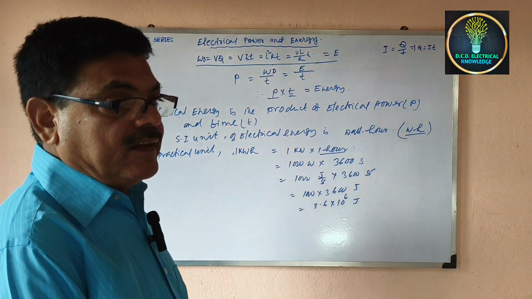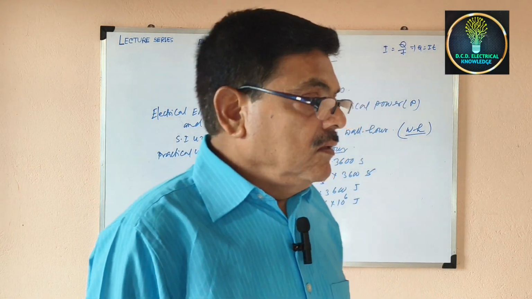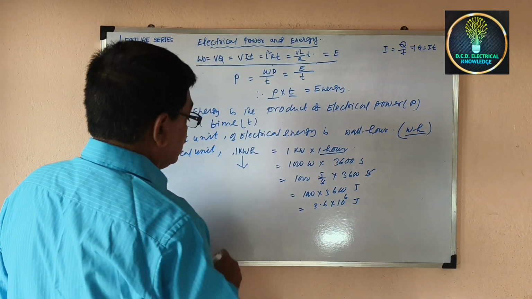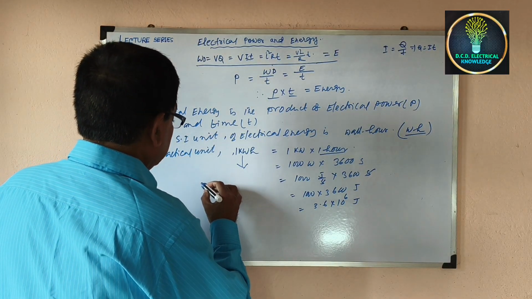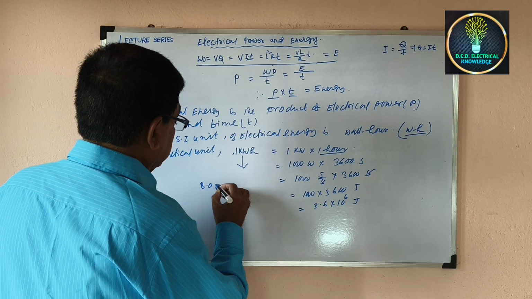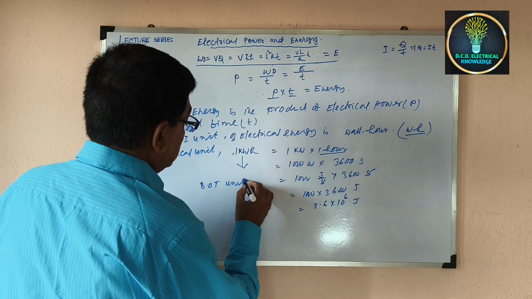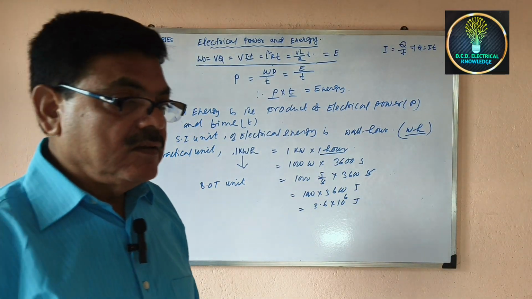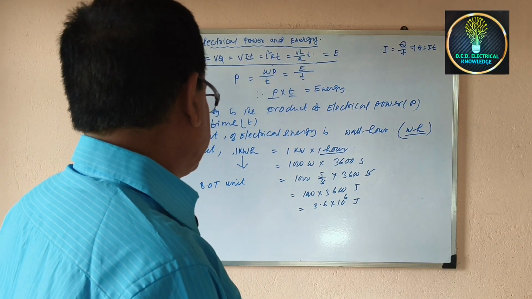It is also to be noted that 1 kilowatt hour is known as BOT unit, Board of Trade Unit, or commercial unit.